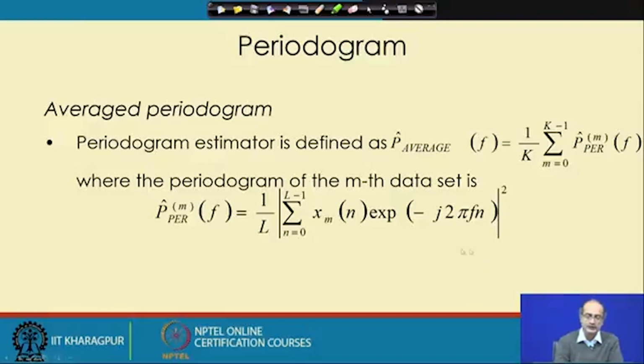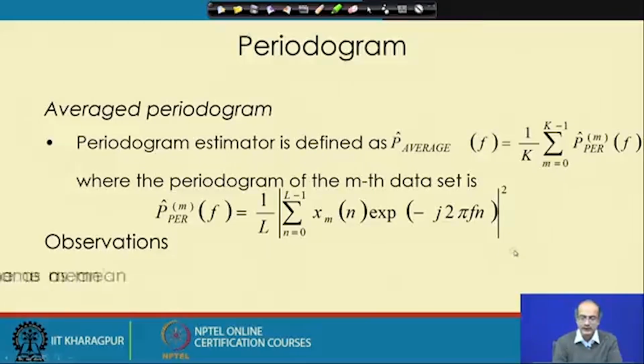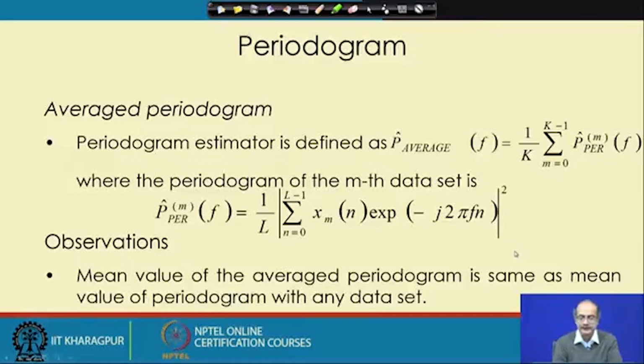It is like the previous estimate, we are just taking the average of them. Now, let us make some observations out of that. If we take the mean of the average periodogram, it would be the same as the mean of the periodogram of each data set.